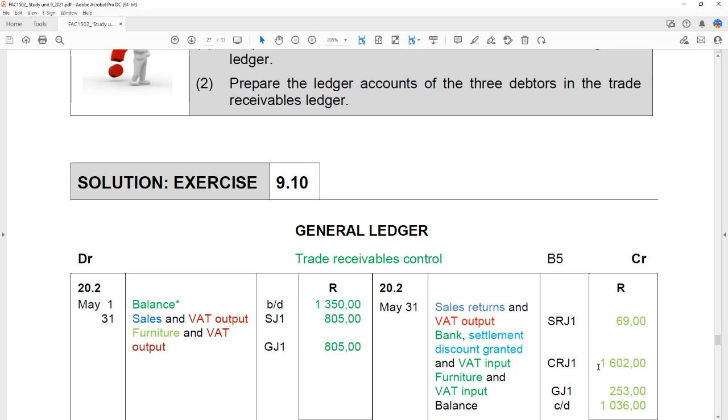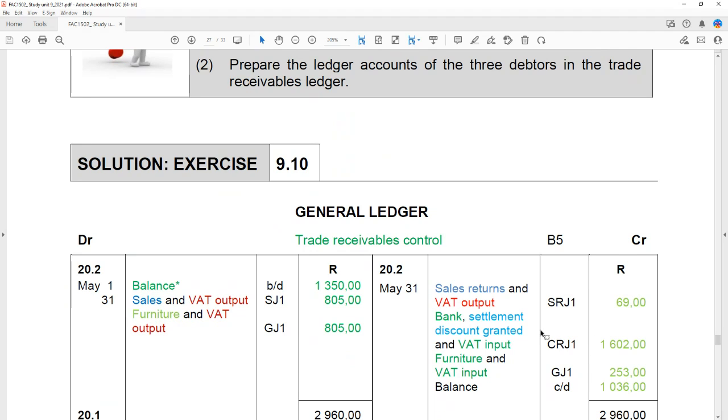So here we record the full amount, the 1,602: the 1,500 that we physically received, plus the settlement discount granted of 89, plus the VAT of 13 Rand. So it's not just the bank of 1,500. It's the 1,500 plus the 89, plus the 13 Rand, which is 1,602 in total. That's what we must record here to get the full amount that they owed us out of our balance.